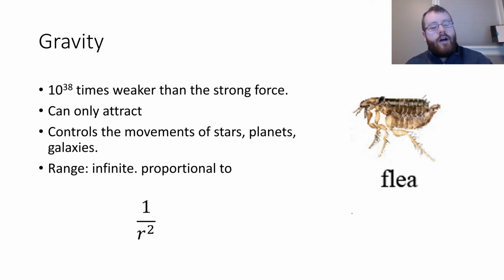So that is how weak the gravitational force is. Though Earth is constantly pulling you down with this force, you can easily overcome it yourself. It is only attractive, and it controls the movements of very large objects like stars, planets, and galaxies. Its range is also infinite.